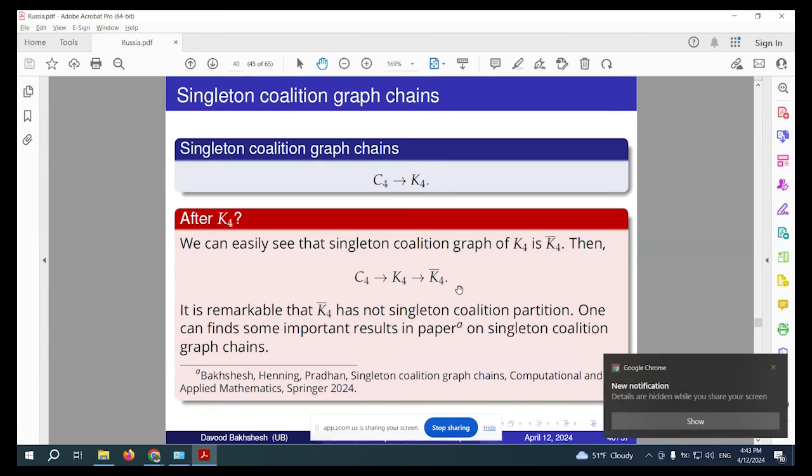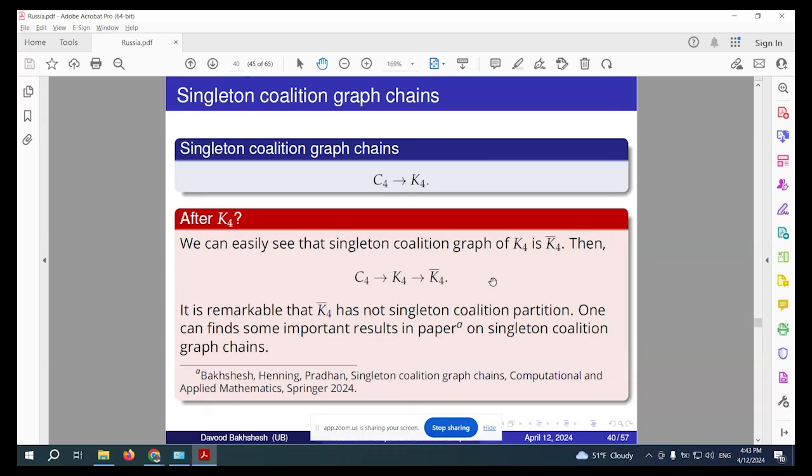Fortunately, the end of this chain is the complement of K4. It is remarkable that the complement of K4 has no singleton coalition partition because the complement of K4 has exactly four singleton vertices. One can find some important results on singleton coalition graph chains in our paper titled Singleton Coalition Graph Chains.